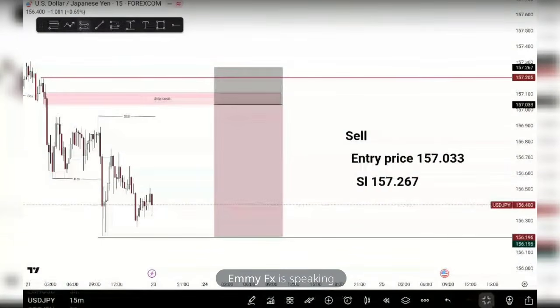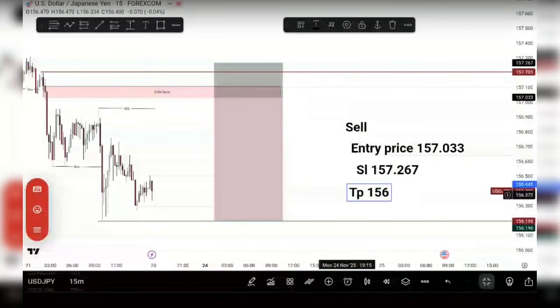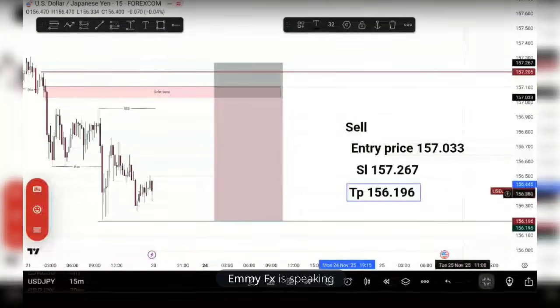Also, our take profit, our TP, is going to be 156.196. Let's trade with caution.